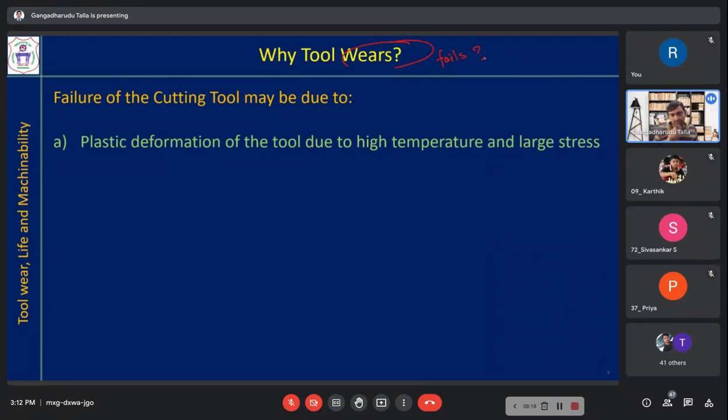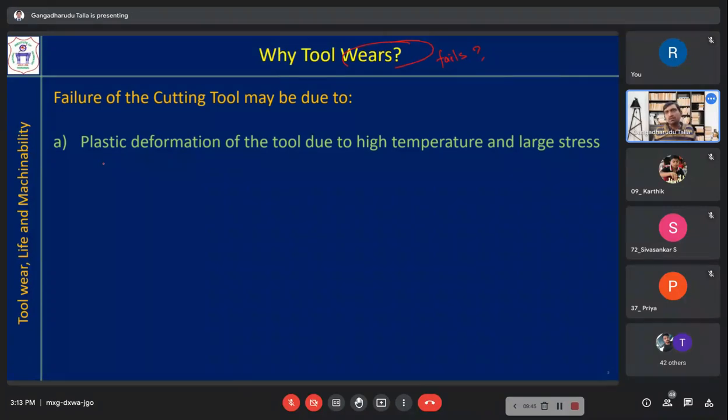Why does the tool fail? So one reason is plastic deformation of the tool due to high temperature and large stress. During cutting, obviously there is temperature generation. So if the temperature is high, or is there for a long time, then the tool may plastically deform.